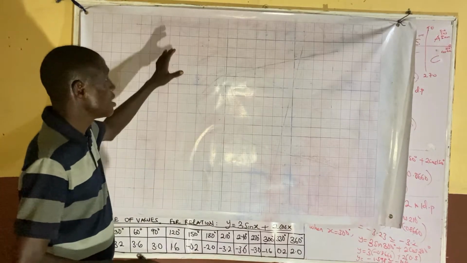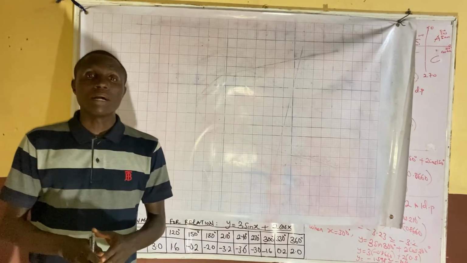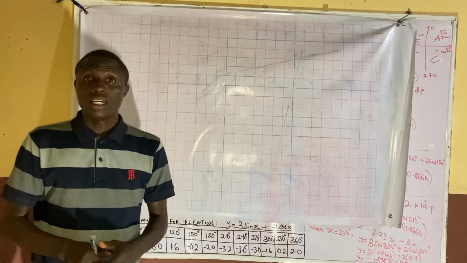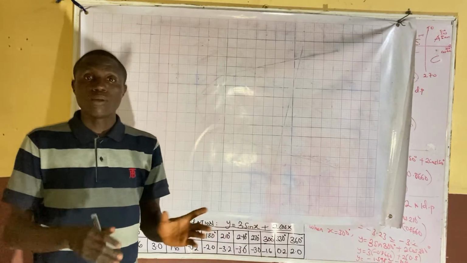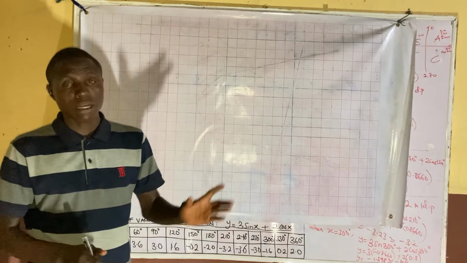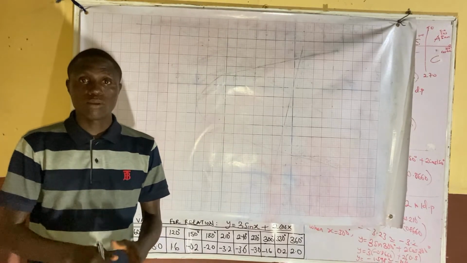Now you can see the way I position my graph in this particular video is unusual, because the way I position my graph doing physics is vertically, portrait, not landscape.